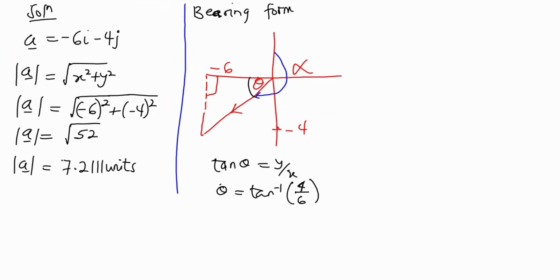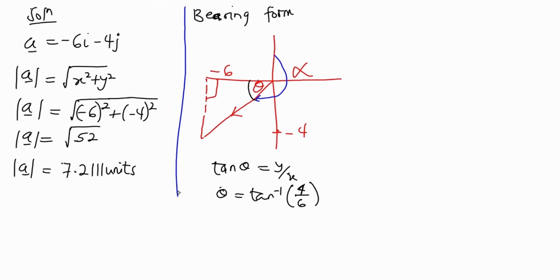The tan inverse of 4 over 6 gives us 56.3099 degrees. So it becomes the value of theta.